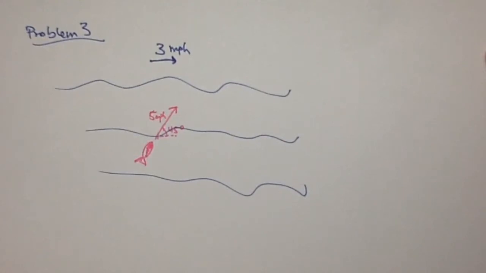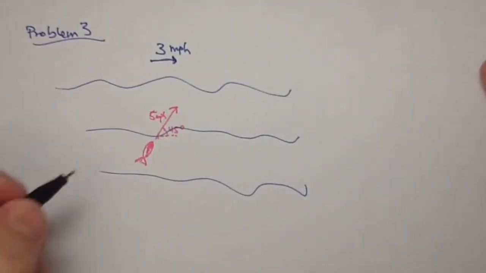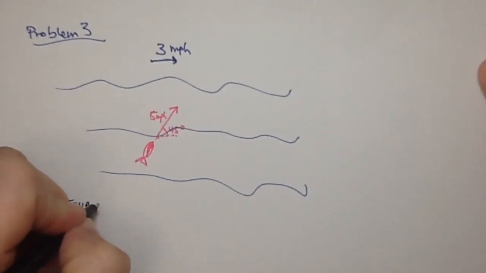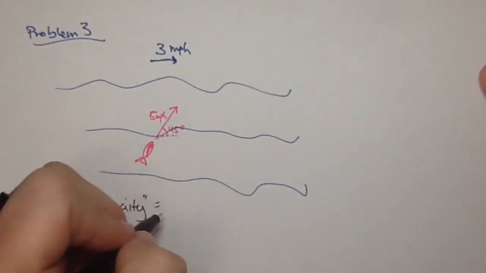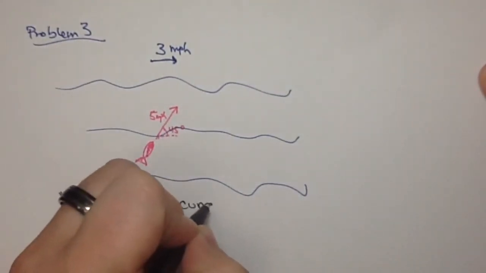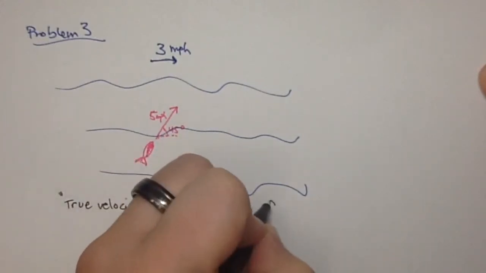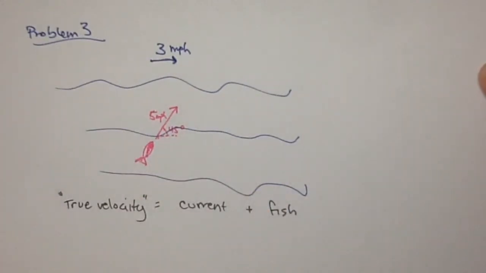So whenever you see true velocity, you just have to think to yourself, well, what is the net velocity? So the true velocity is equal to the vector sum of the current plus the fish. Okay?